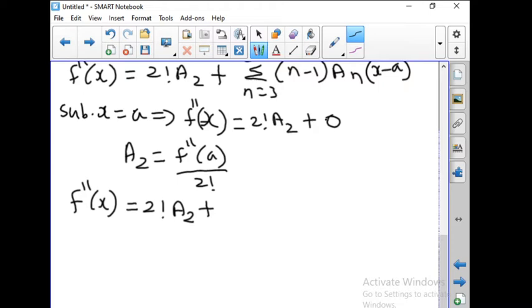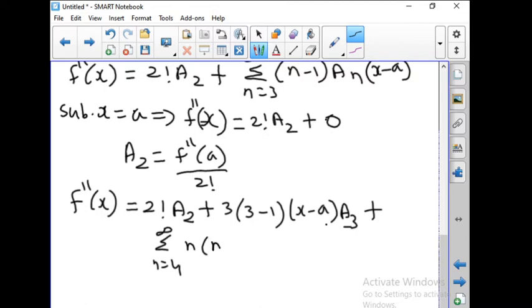So what is it? 3 factorial, 3 into 3 minus 1 into x minus a into a3 plus sigma n is equal to 4 to infinity n into n minus 1 an into x minus a the whole power n minus 2.